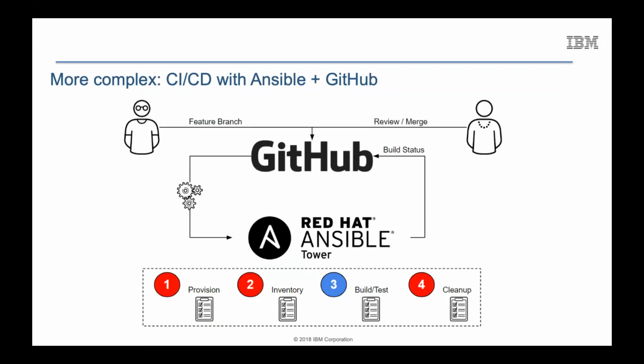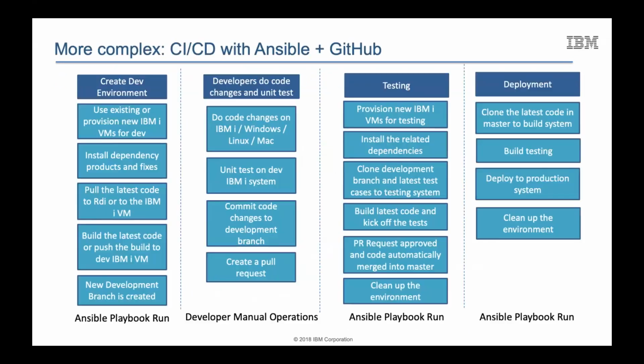IBM customers can take advantage of Ansible to set up the CI/CD process for both native application and open source application deployment lifecycle. And the continuous testing use case I mentioned on the previous page can be extended to the process of different stages, except that you need to manually do the code changes.